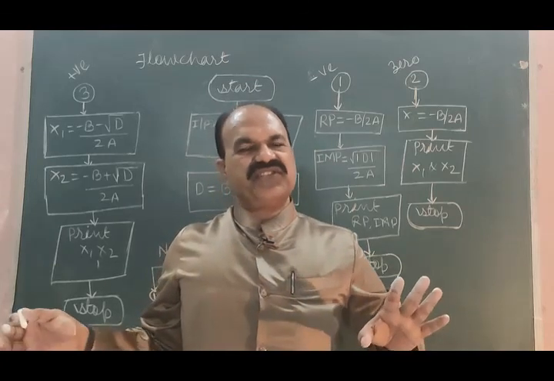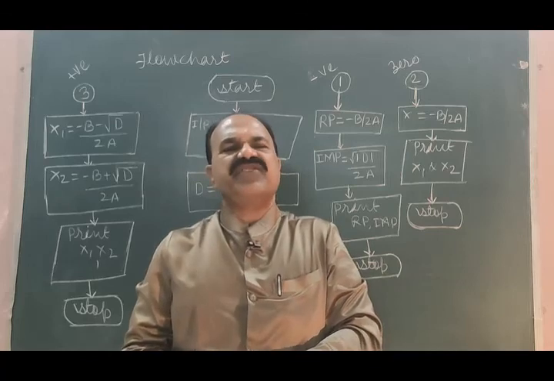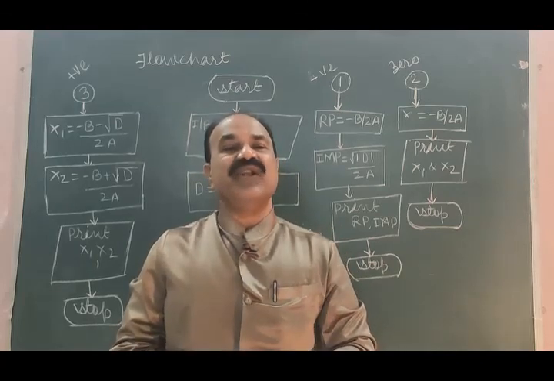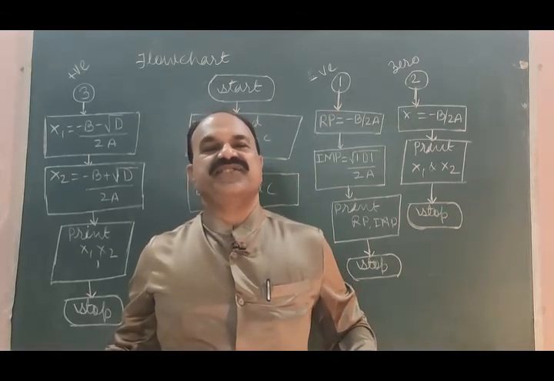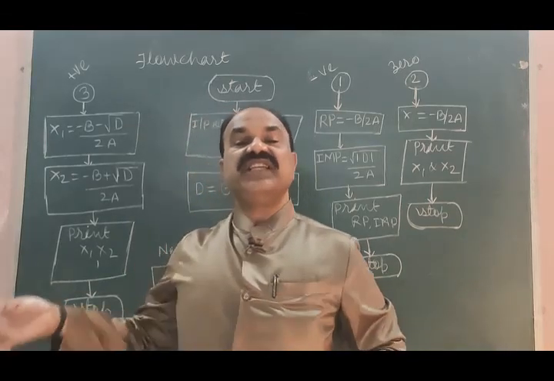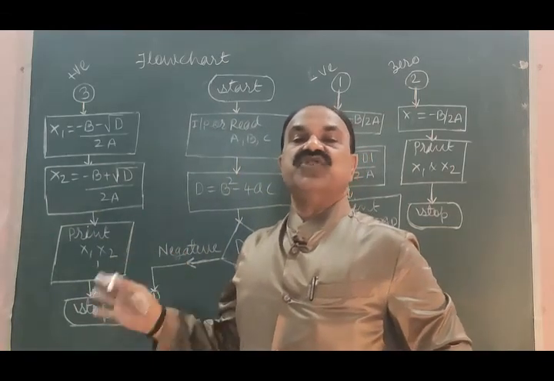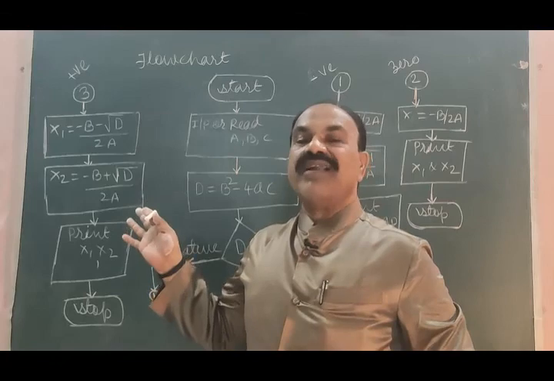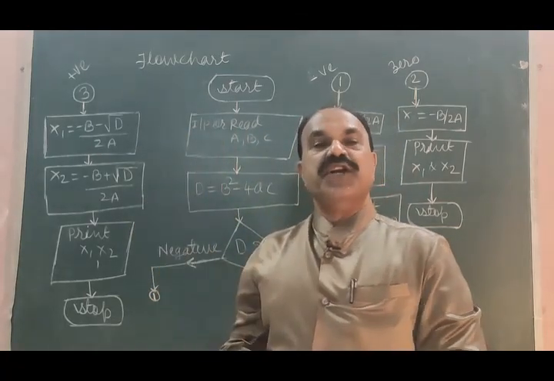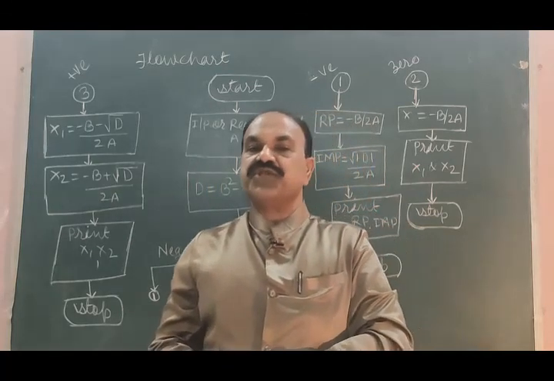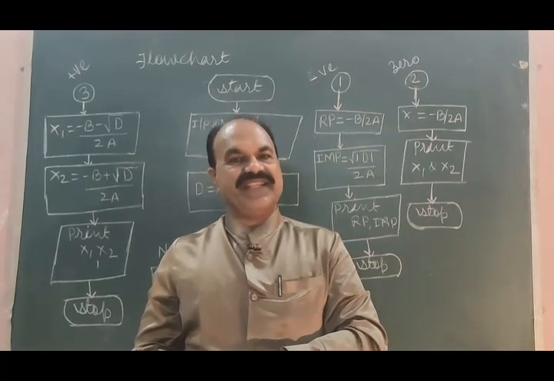I made these things very simple so that any lay person knowing nothing about computer science can also write the algorithm and flowchart for the quadratic equation if these steps are understood. Hope you have understood all these things very nicely.